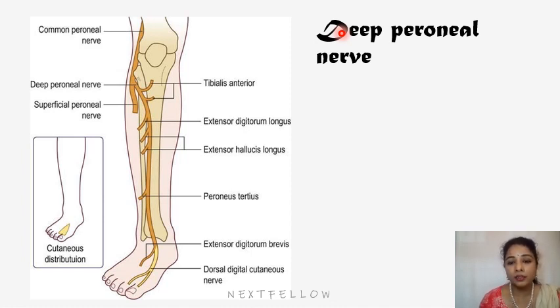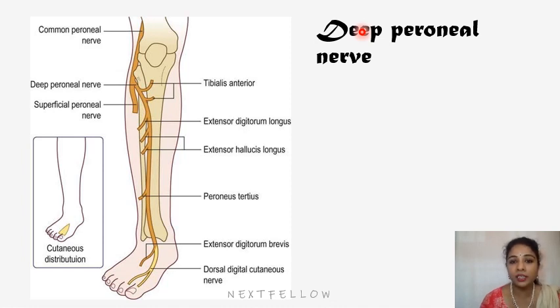It is related to the anterior tibial artery in the proximal third of the leg, and it descends with the artery till the level of the ankle, where it divides into lateral and medial terminal branches. As it descends, the nerve is first lateral to the artery.